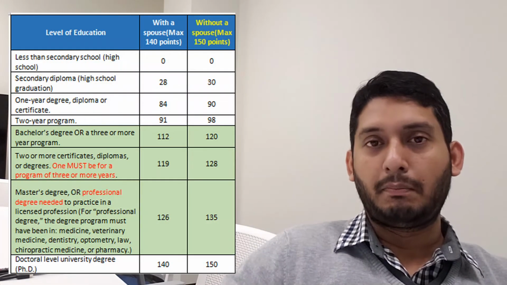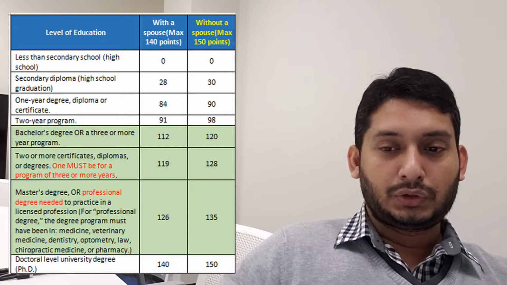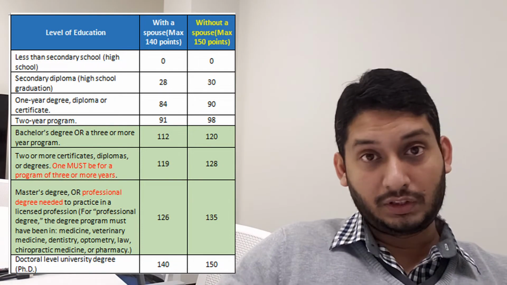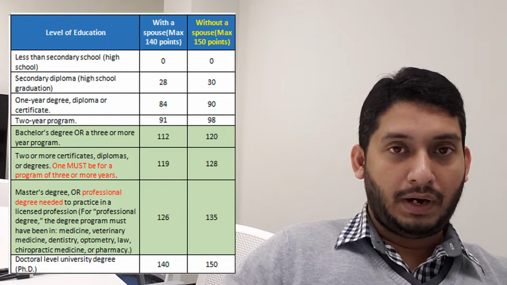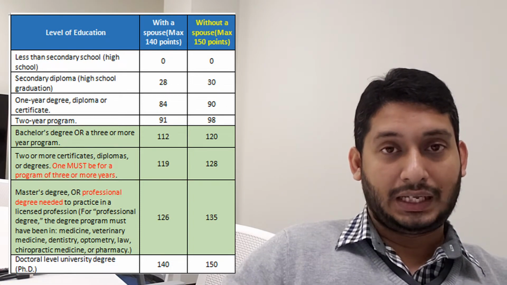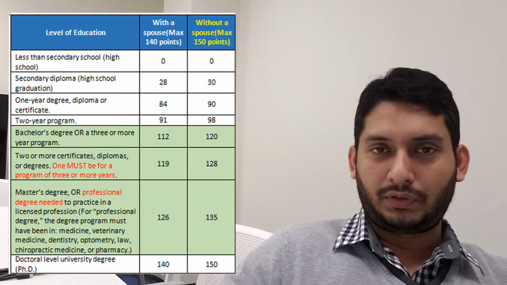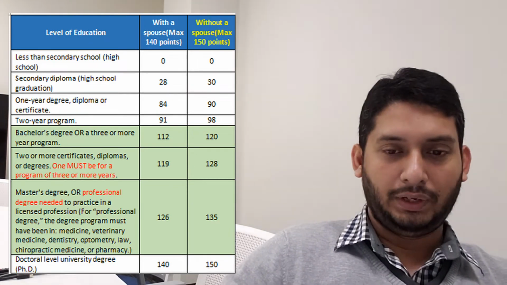Okay, now going forward, let's go to education, and I will try to explain a little bit more about the education factors. As you can see here, again, this is based on with spouse and without spouse. Why have I marked 3 rows in green? Because those are the 3 rows I think most of us will fall into.